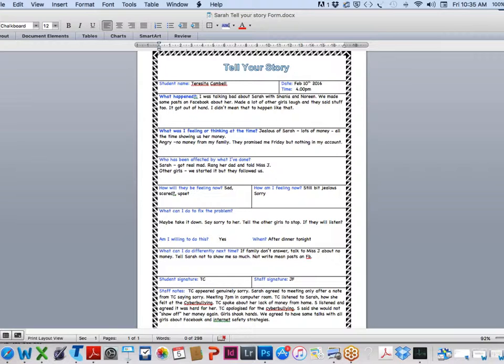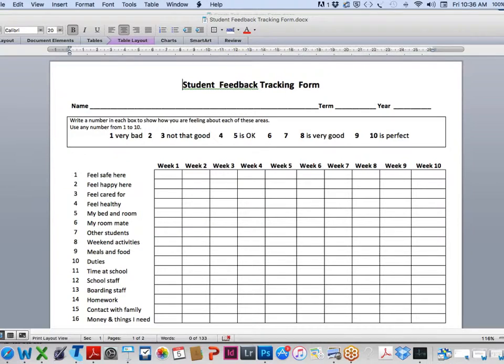And the last one is this student feedback tracking form I've been referring to. This is a process that we use at Wongatha for mentoring, working with students. Wongatha uses it through their work experience groups in their vocational classes, but boarding could use it by breaking up the students in your boarding house into small mentoring groups and connecting them with one supervisor for each group.